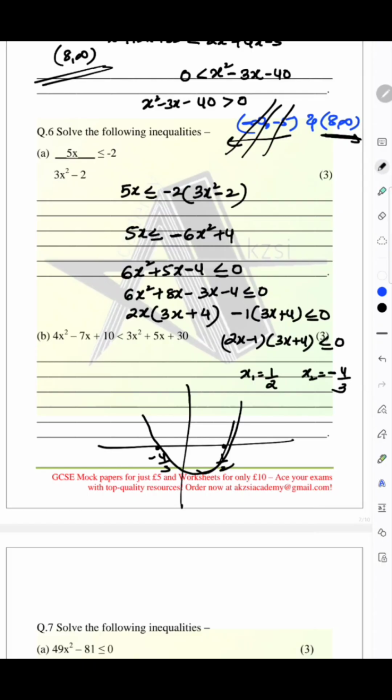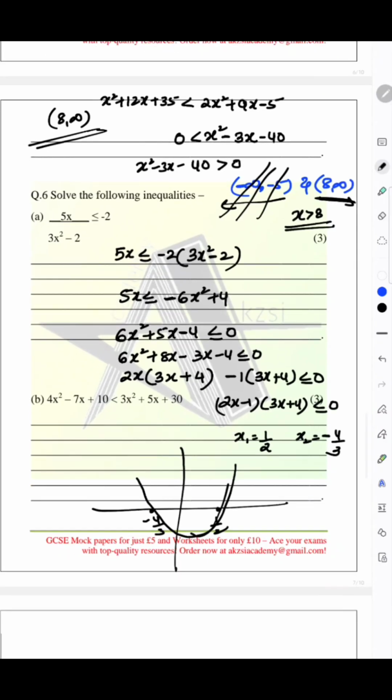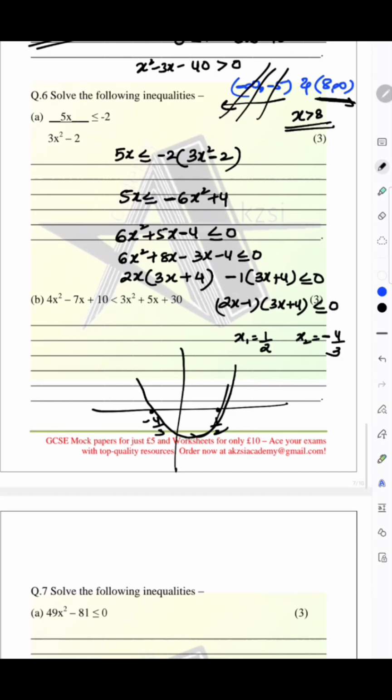It says less than equals. There's another way of writing this one basically. So again, this will be a positive region, a negative region, a positive region, because it's less than equals to.